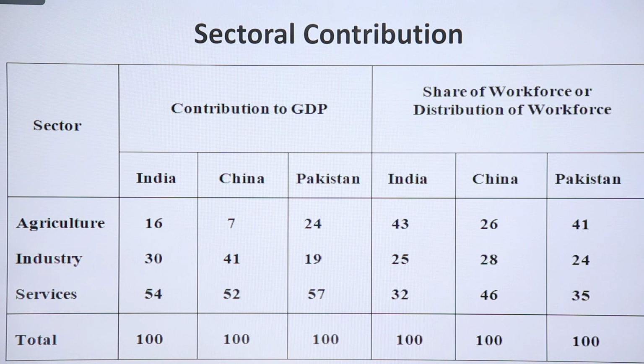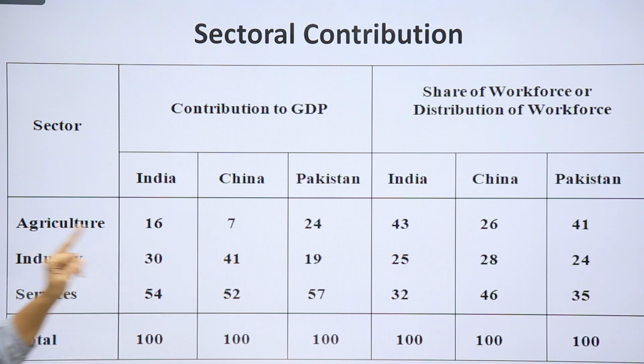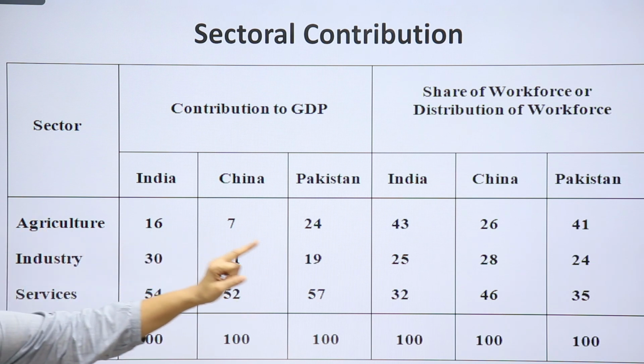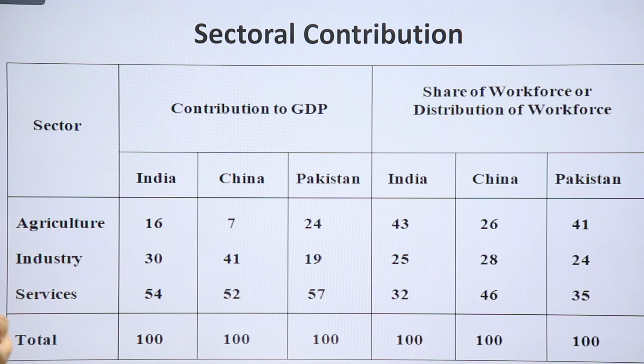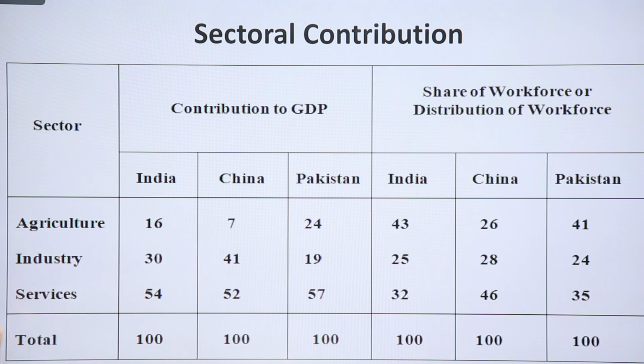The share of workforce distribution: you can see India has 43% of its people in agriculture, China has 26% in agriculture, and 41% are engaged in agriculture in Pakistan. In industry, 25% of people are engaged in industries in India, 28% of Chinese people are engaged in industries, and 24% of Pakistanis are engaged in industries.